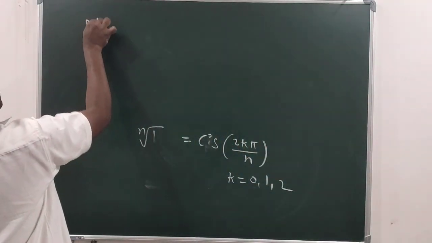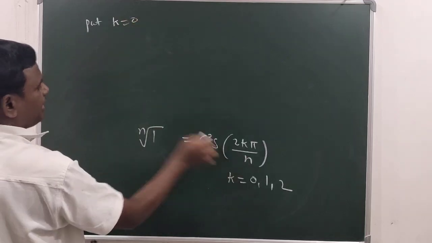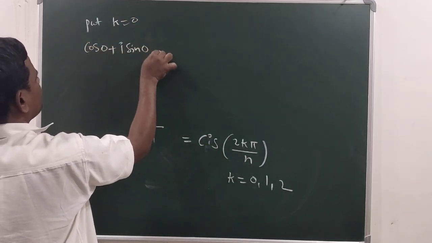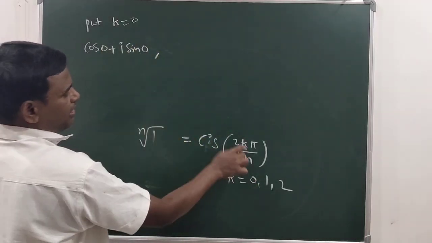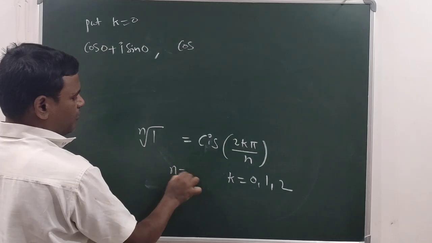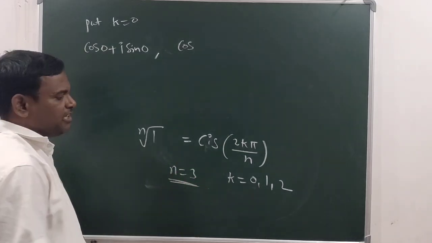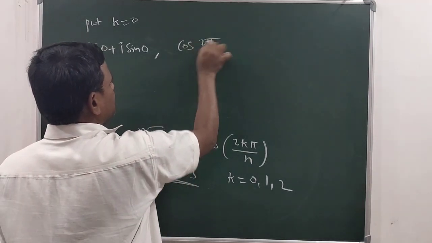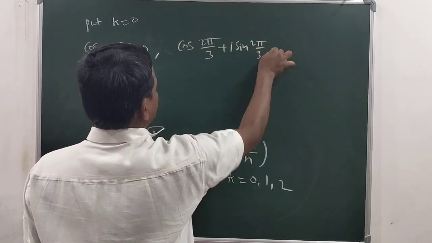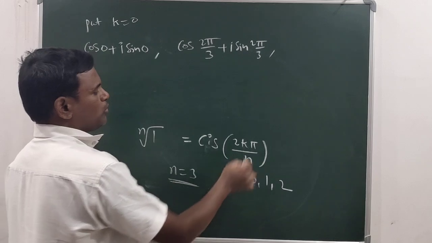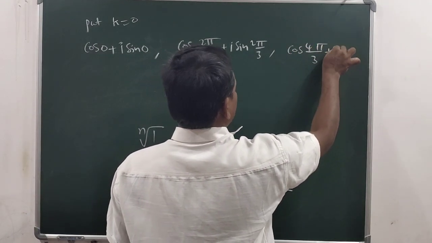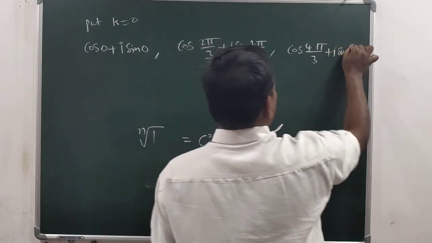If I write k equal to 1, here we are finding the cube roots of unity, which means n is 3, so cos 2π/3 plus i sin 2π/3. Now put k equal to 2. You get cos 4π/3 plus i sin 4π/3.